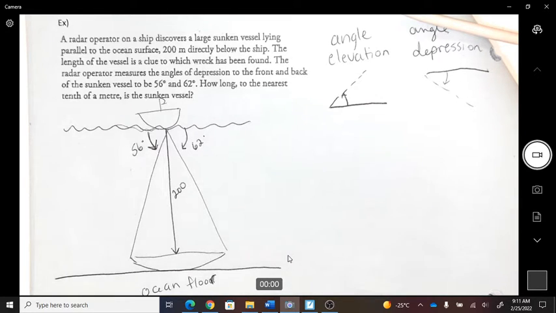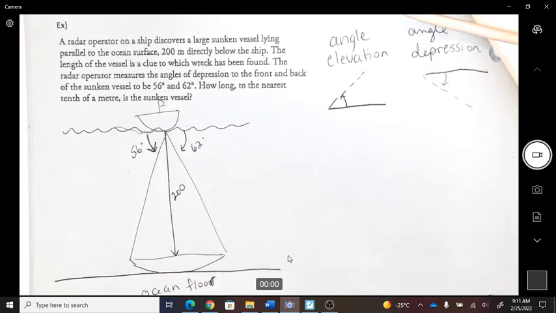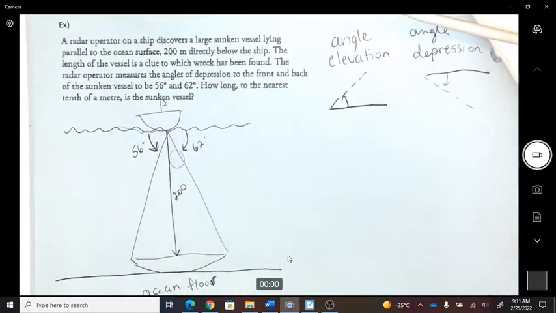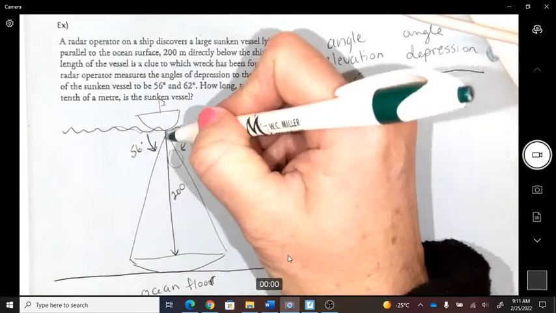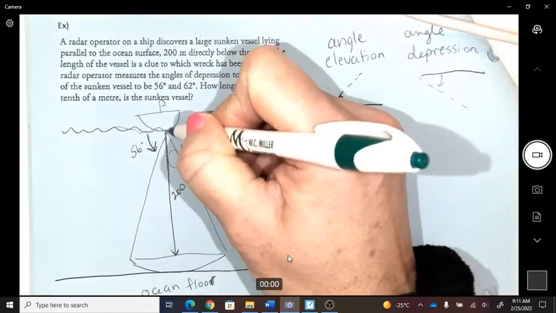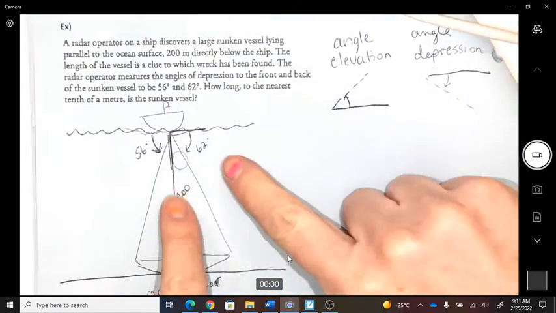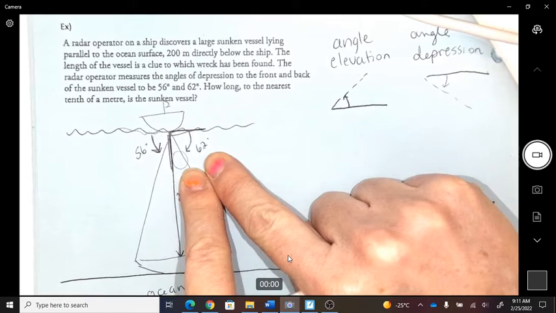Okay, so how are we going to solve this? Can you figure out what that angle would be? Because what does this make altogether? That would be 90 altogether. These two will make 90. Can you see it?